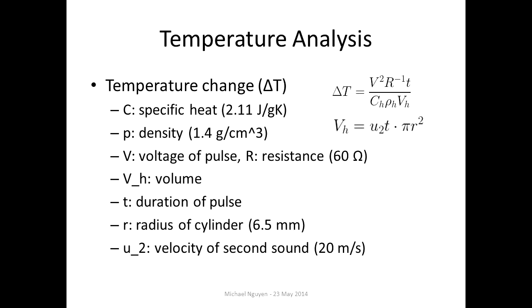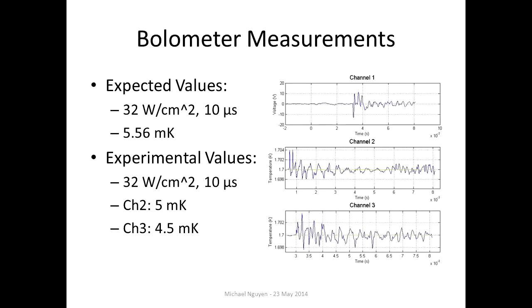And the volume is determined by multiplying the circular cross-sectional area of the cylinder, which is pi r squared, times the height, which is the velocity of the second sound times the pulse length.